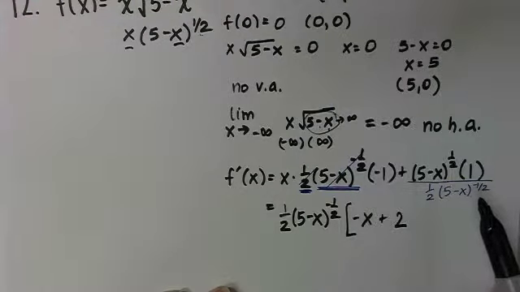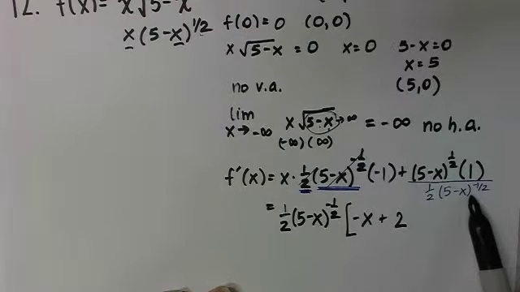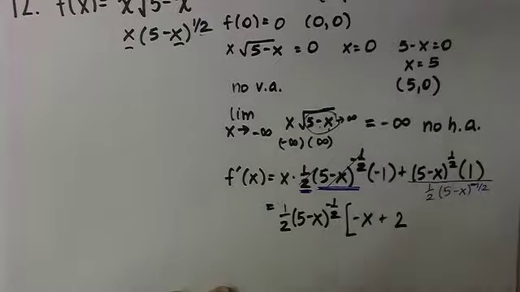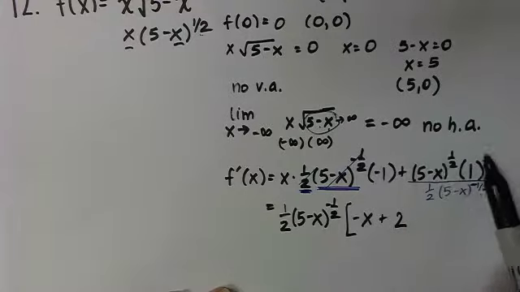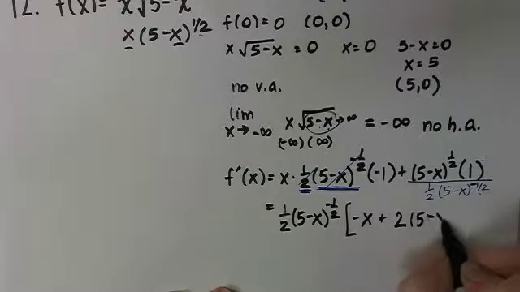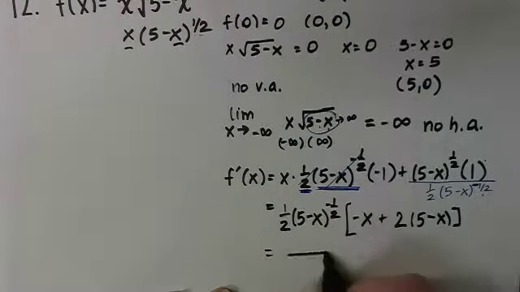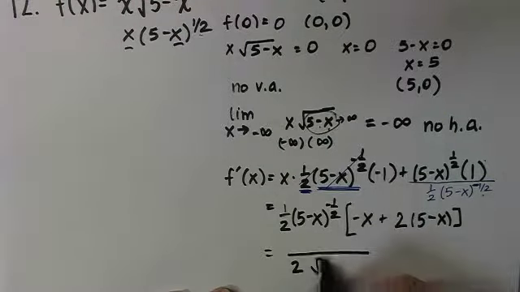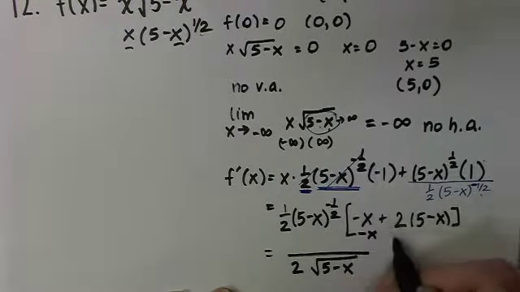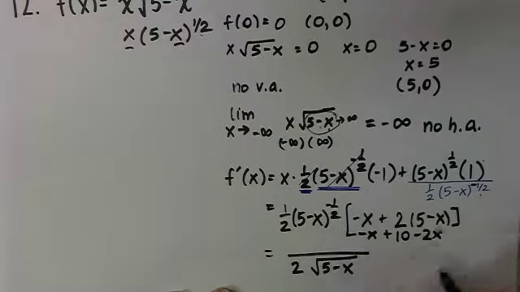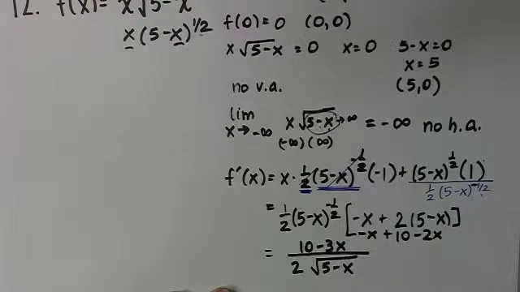And as we saw in class yesterday, when we divide (5 minus x) to the 1/2 by (5 minus x) to the negative 1/2, the negative 1/2 power would bring it up to the numerator, and you'd have a square root times a square root, which would get rid of the square root, so you're just left with 5 minus x. So rewriting this then, the 1/2 puts a 2 in the denominator, and we've also got the square root of 5 minus x down there. And left over up top, we've got negative x plus 10 minus 2x. So we've got 10 minus 3x left over in the numerator.